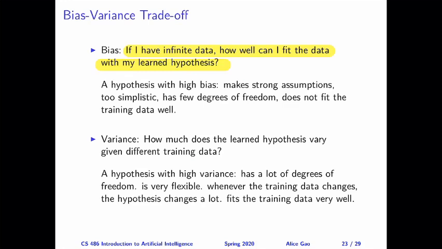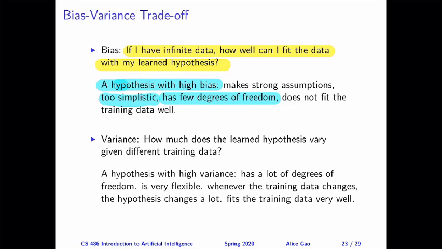A hypothesis with high bias usually looks as follows. It's usually very simple, and a simple hypothesis usually has very few degrees of freedom. There are not a lot of choices for parameters. A simple hypothesis usually makes very strong assumptions. Think about it.